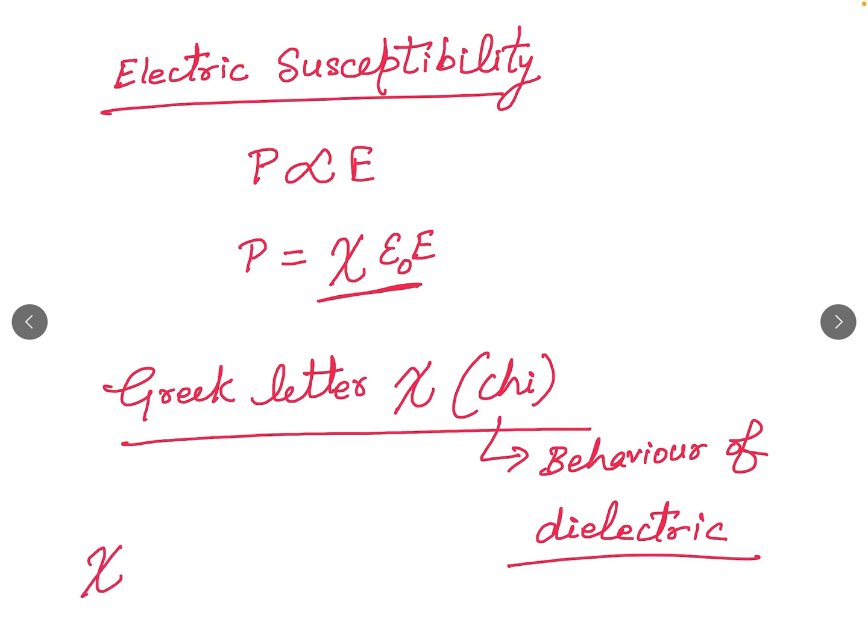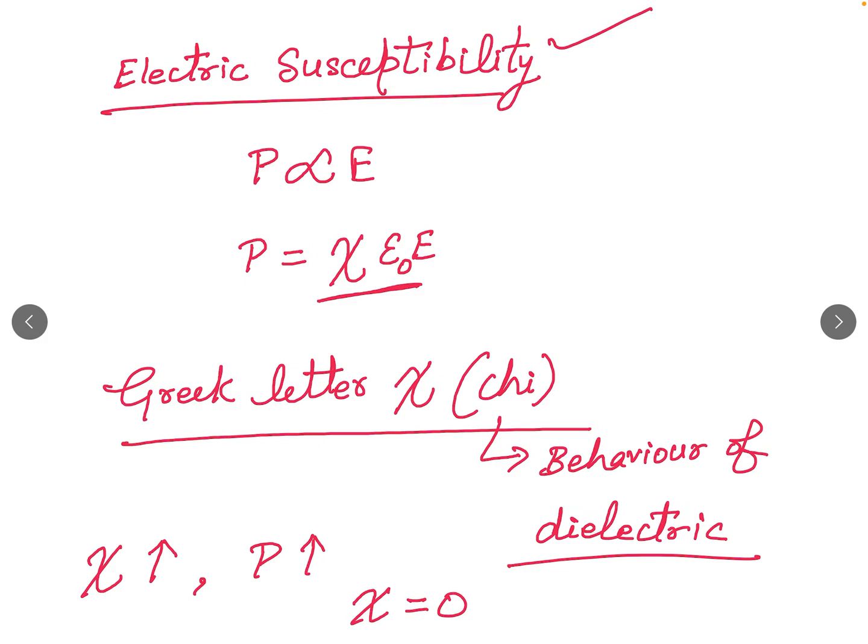As the value of chi increases, the polarization also increases. For vacuum, as there are no molecules present, the value of chi is equal to 0. This proportionality constant is a dimensionless quantity and is called electric susceptibility. Its value is different for different materials.